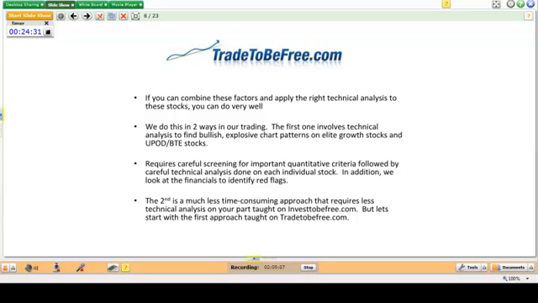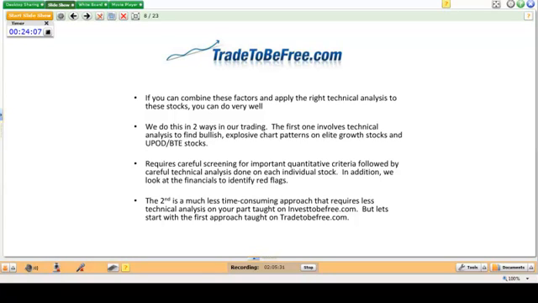And we do this in two ways in our trading. The first one is taught on TradingPub.com, and the other one is taught on InvestBeFree.com. And the first one involves finding bullish, explosive chart patterns on elite growth stocks and UPOD BTE stocks.